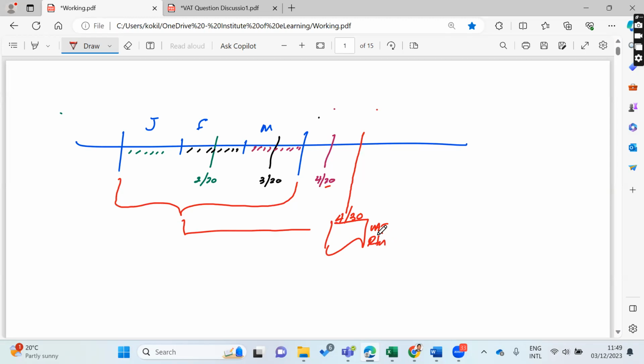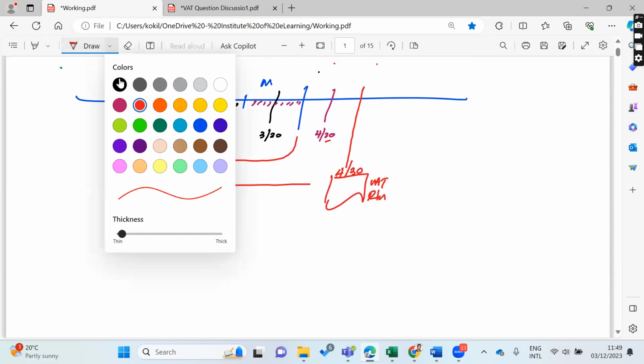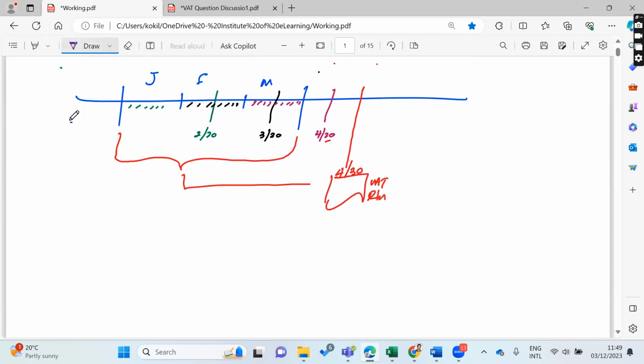Then we have 3 payments during the quarter. The first payment we made February 20th. Second payment March 20th. Third payment April 20th. And finally the VAT return you have to make it April 30th, right?